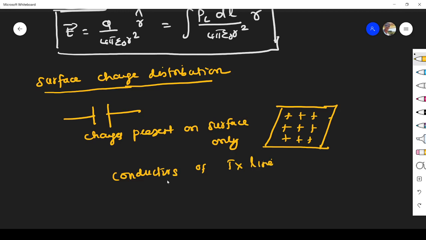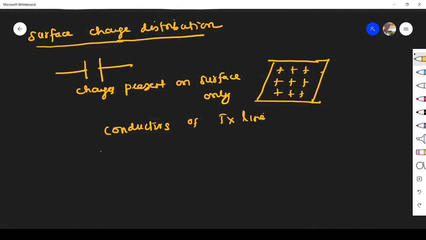So for line charge we put rho L, here we put rho S, surface charge density, right? Rho is for density, S for surface. So here it is charge per unit surface area. So limit del S tends to 0, where length tends to 0 for line charge. Here, same concept, del Q by del S. So as the surface tends to 0, again it is a point.